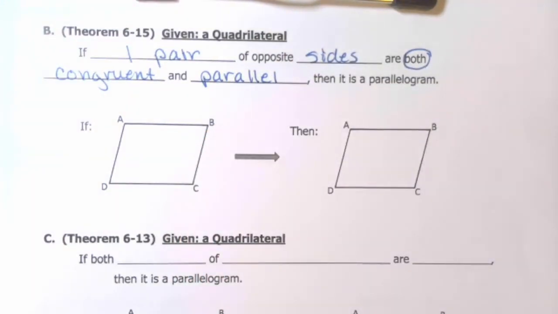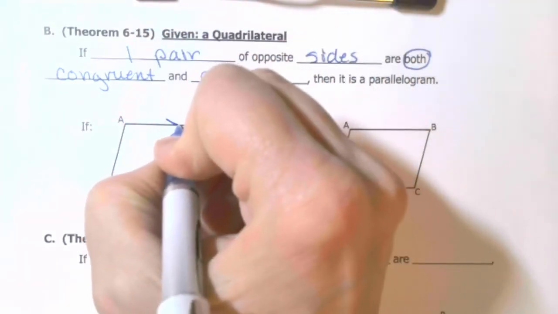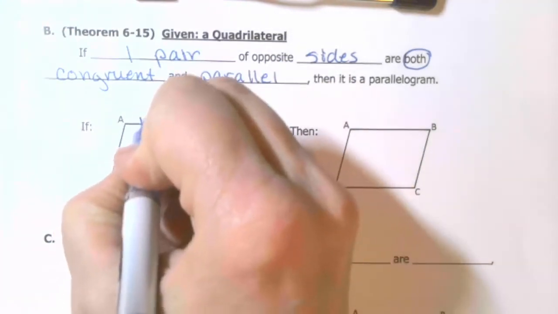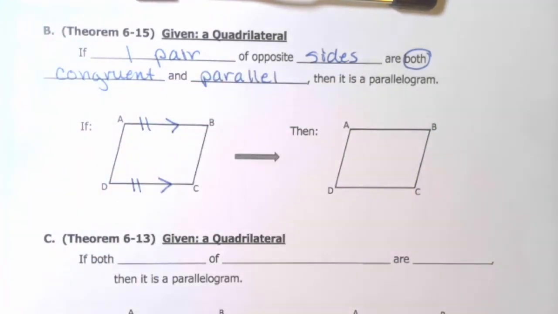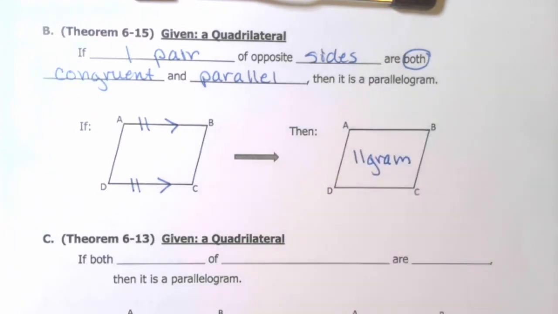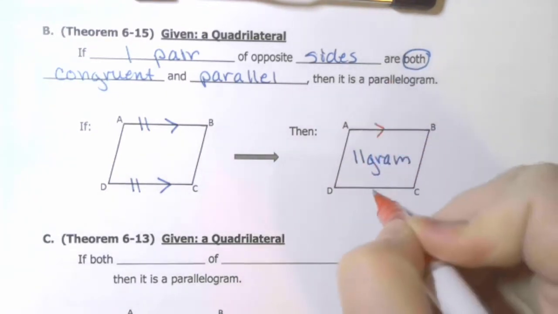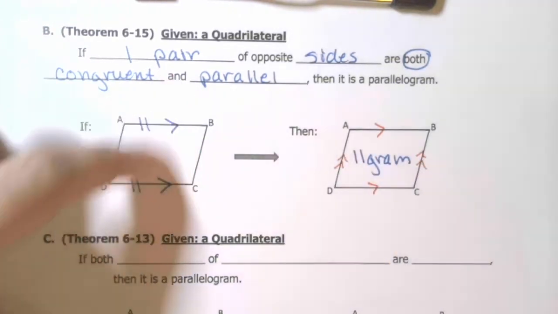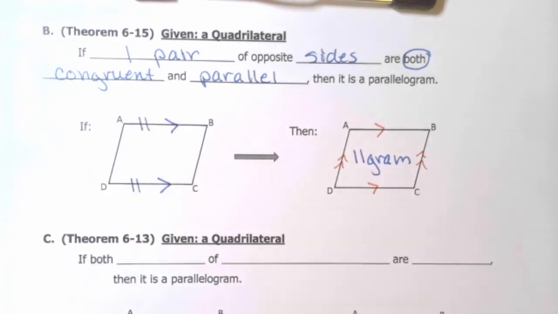So this one's kind of different because most of our other theorems deal with both pairs of opposite sides, whereas this one only deals with one pair. So if AB is parallel to DC and AB is also congruent to DC, then you can prove it's a parallelogram. And of course, that means opposite sides are parallel. So notice this is only one pair of sides. Evidently, it doesn't matter what the other two are doing.